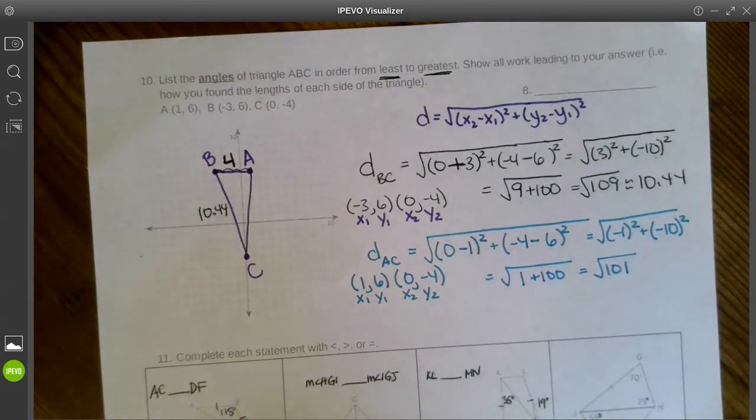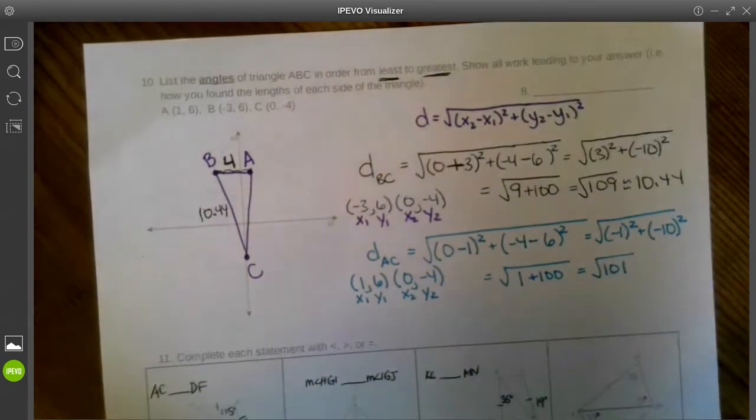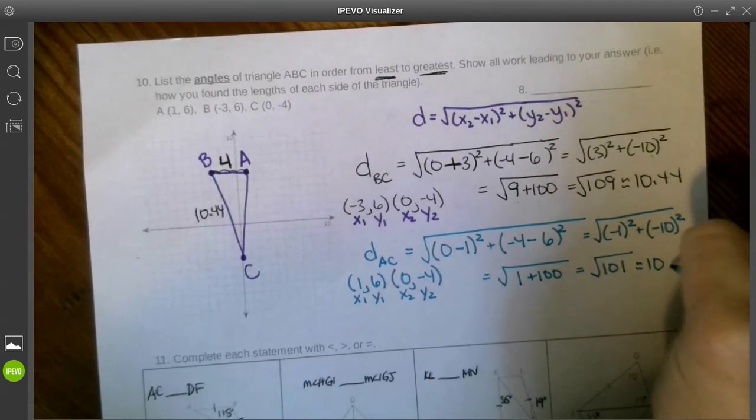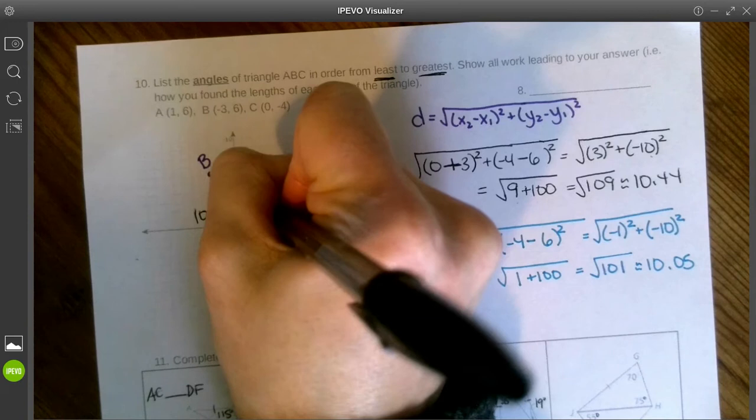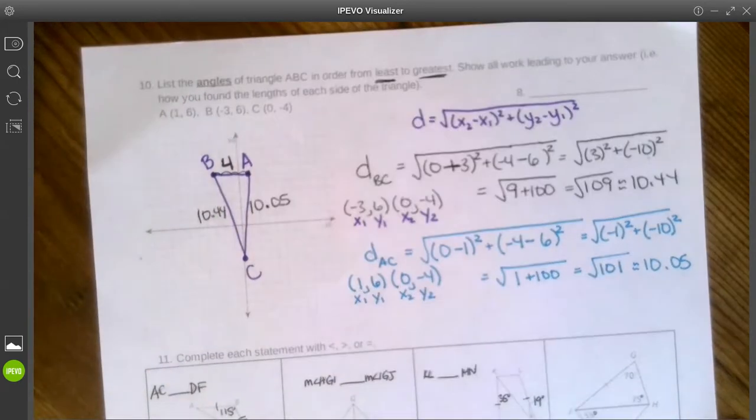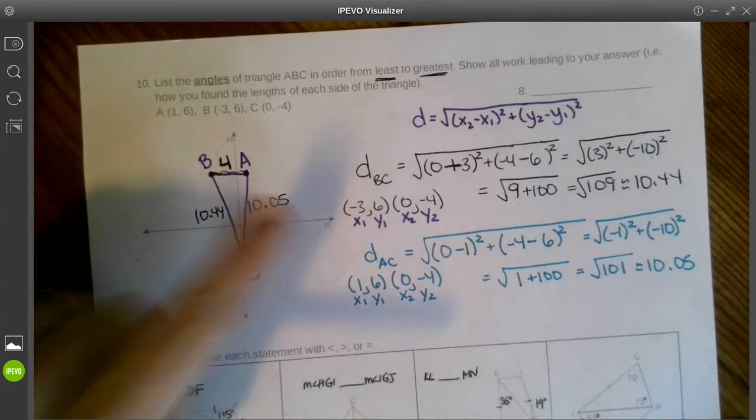When I take the square root of 101, I get approximately 10.05. So the length of AC is about 10.05. So now I have the lengths of all three sides.